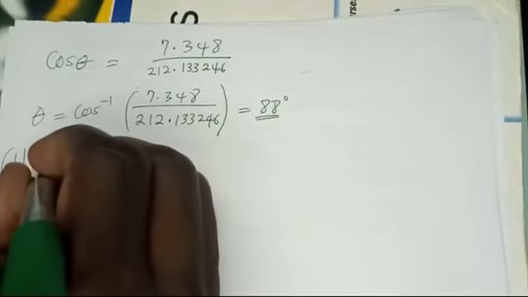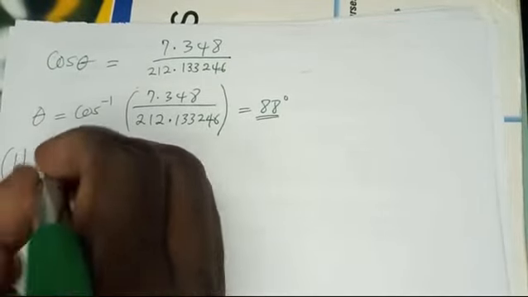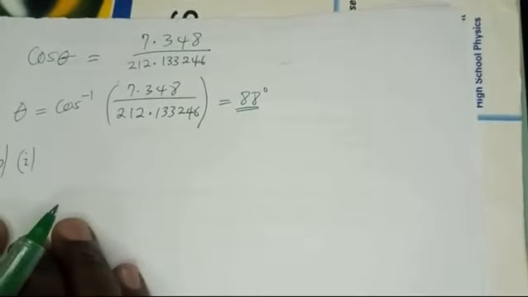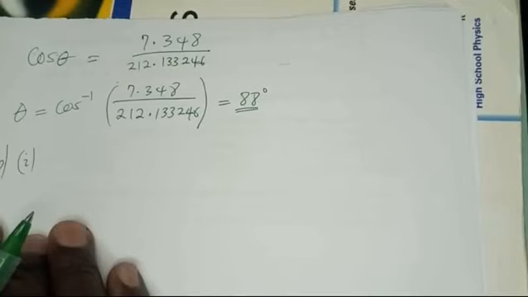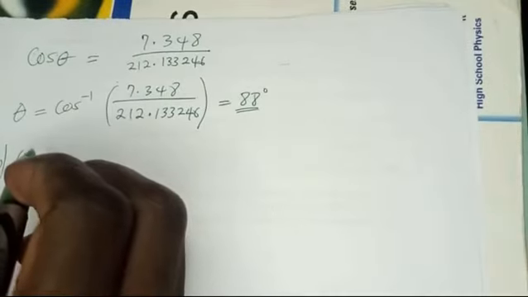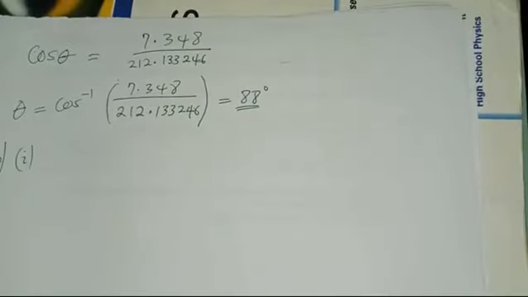Roman number 1 is demanding us to show that P cross Q is perpendicular to both P and Q. So if two vectors are perpendicular to each other, then their dot product must be 0. Remember this point. This is the point that will guide you.